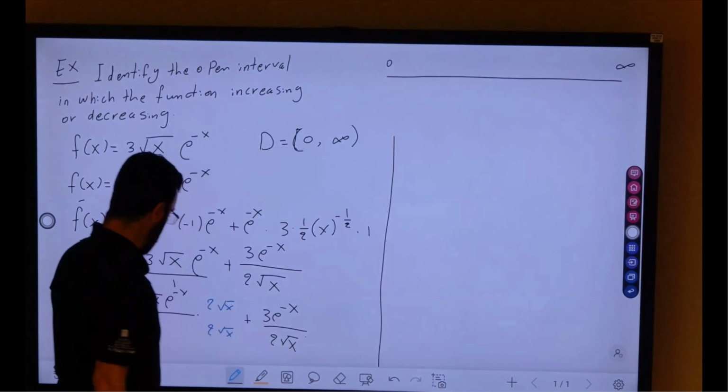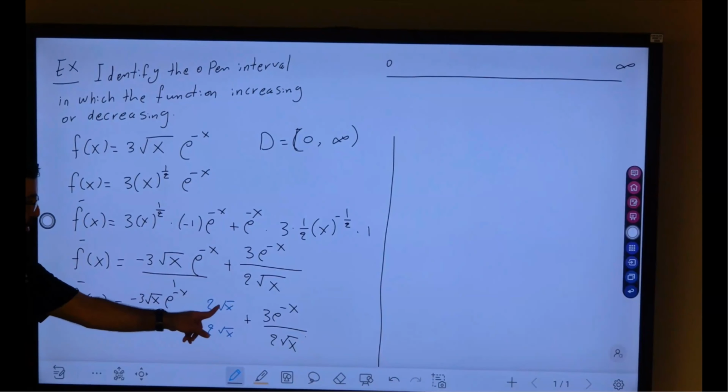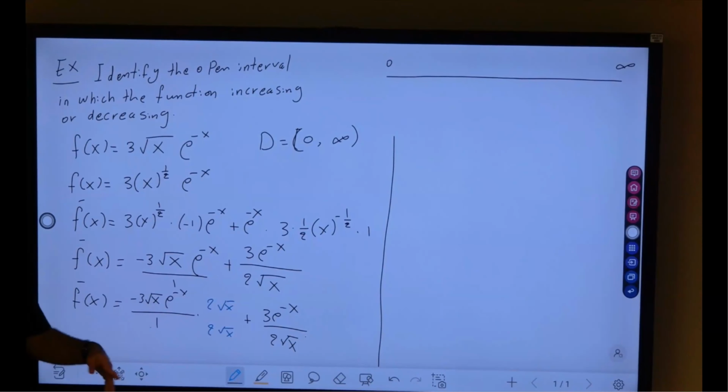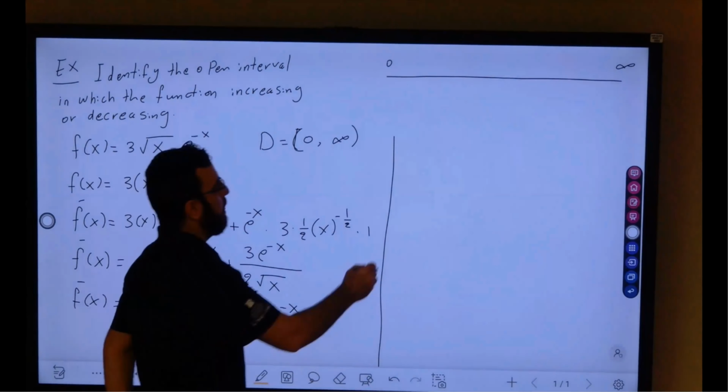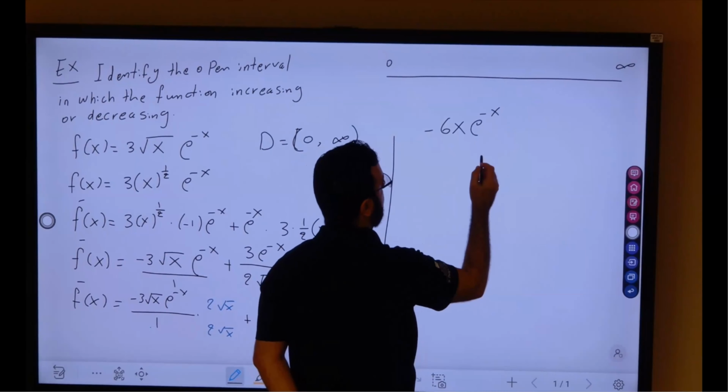Next step, 2 times 3, 6. So -6. Square root of x times square root of x is going to be x. That means it's going to be -6x e to the negative x.